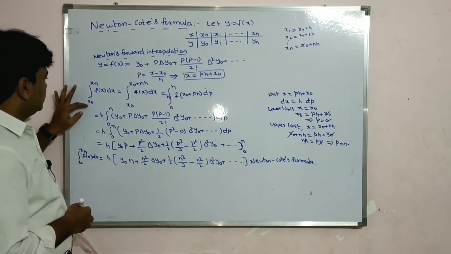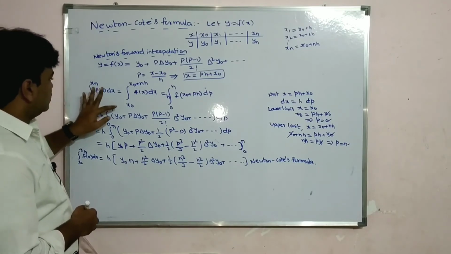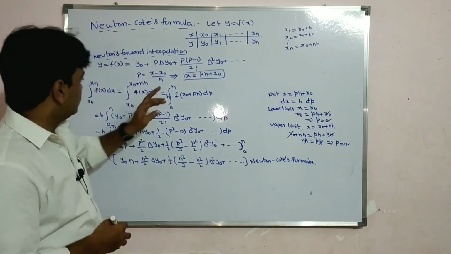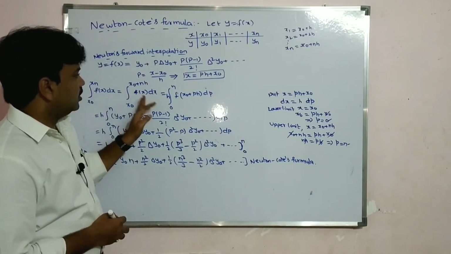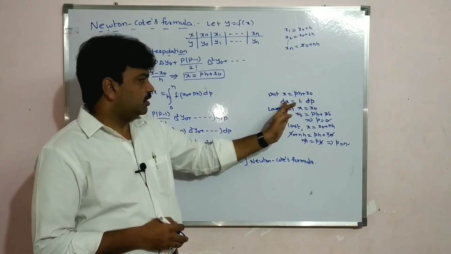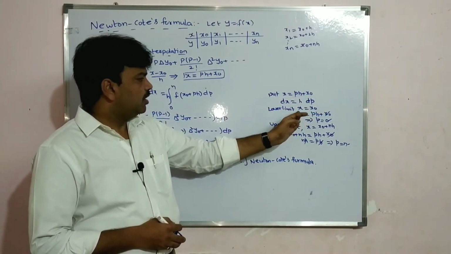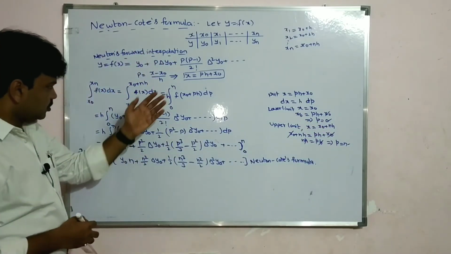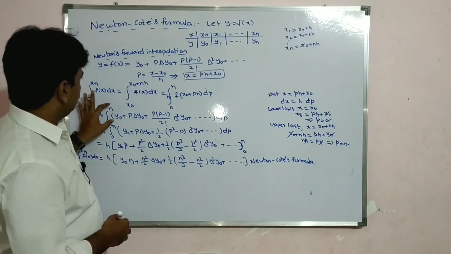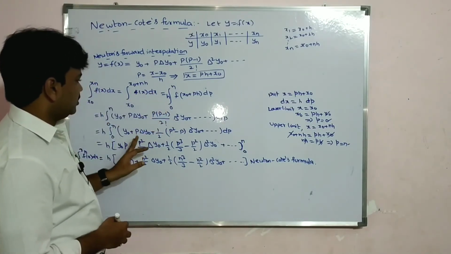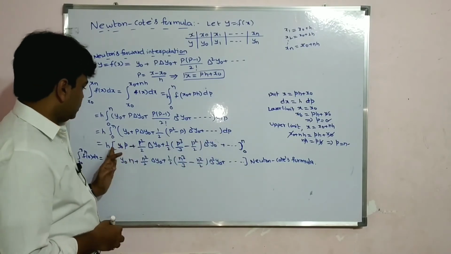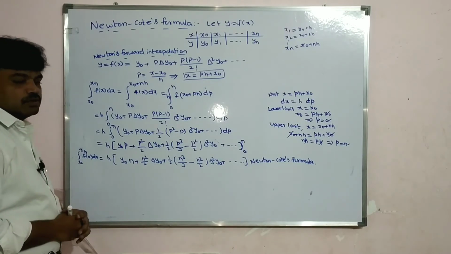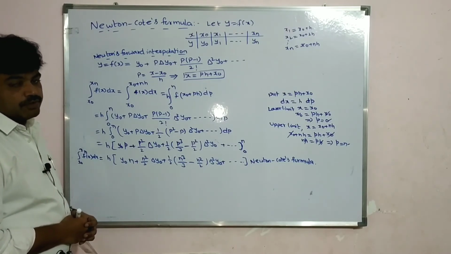Now consider the integral x naught to xn of f of x dx, students. Here xn means x naught plus nh. Now take x is equal to ph plus x naught, and dx we get h dp, and for the lower limit we get p is equal to 0 and upper limit p is equal to n. I am substituting here and then applying Newton's forward interpolation, and you integrate with respect to p, then substitute the upper limit, and you get Newton's Cote's formula.